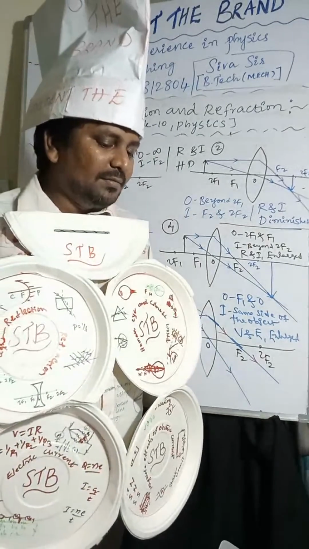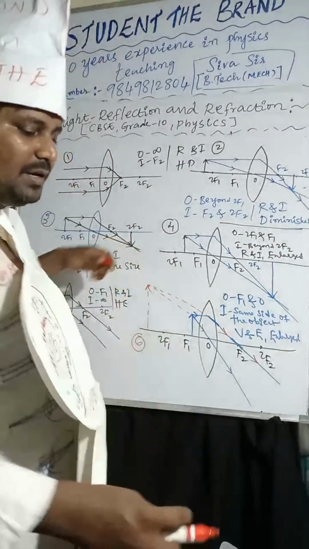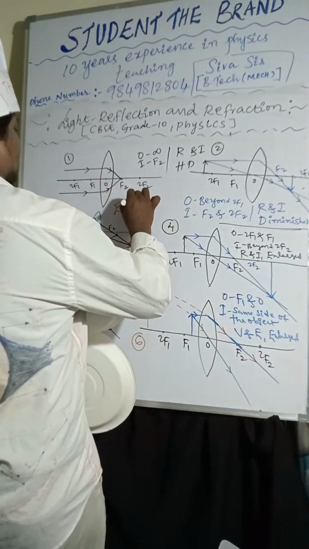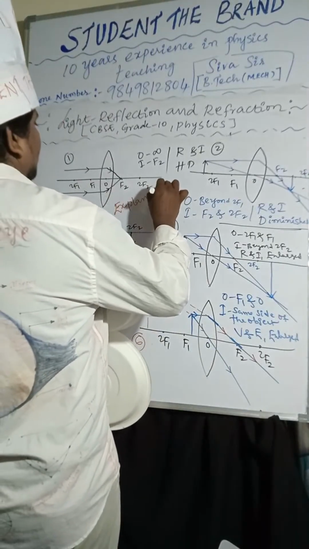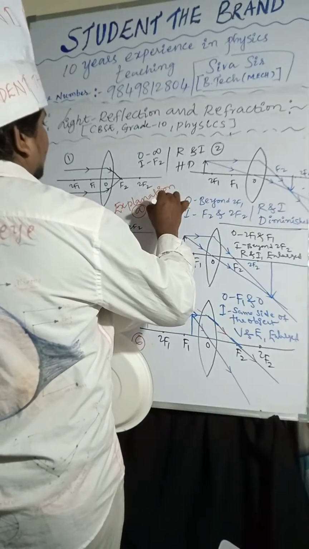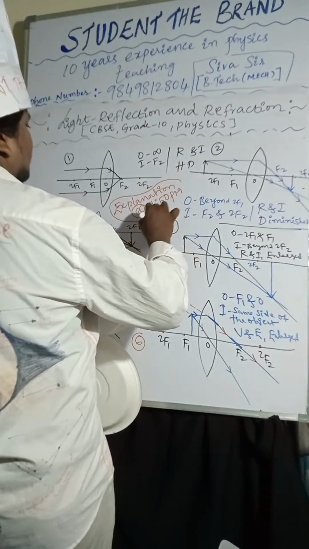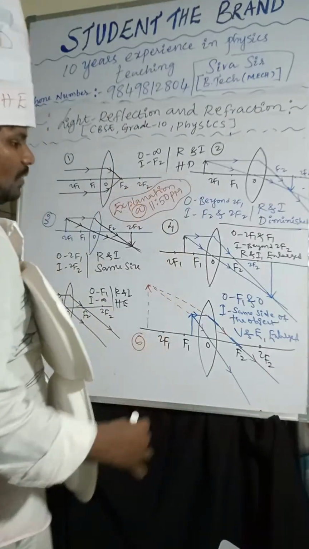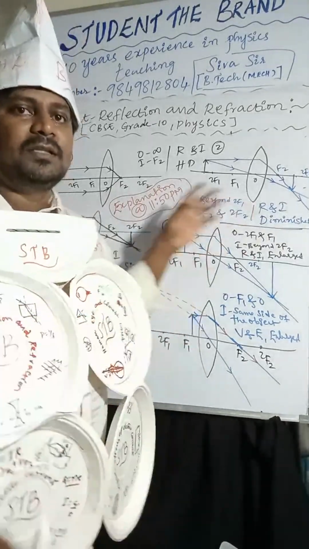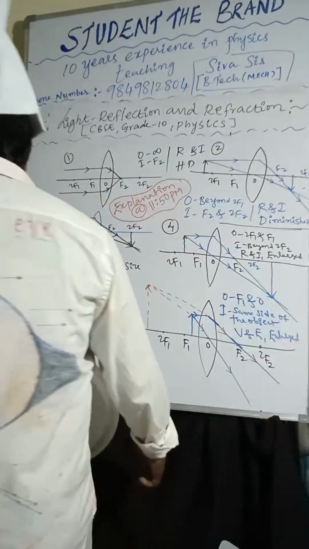Just check the diagrams. I will give the explanation once again from 11:50 p.m. So I'll explain once again; meanwhile, check the remaining points and these diagrams, and practice once.